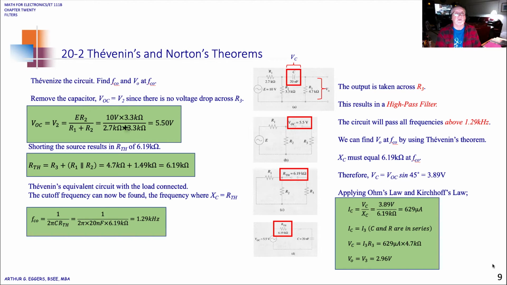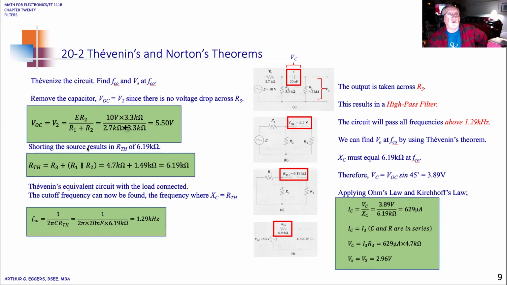In this case, we're using the voltage source times R2 over the sum of R1 and R2. After we open the circuit up at the capacitor, essentially the rest of the circuit disappears and we're left with just what's going on between those two resistors.